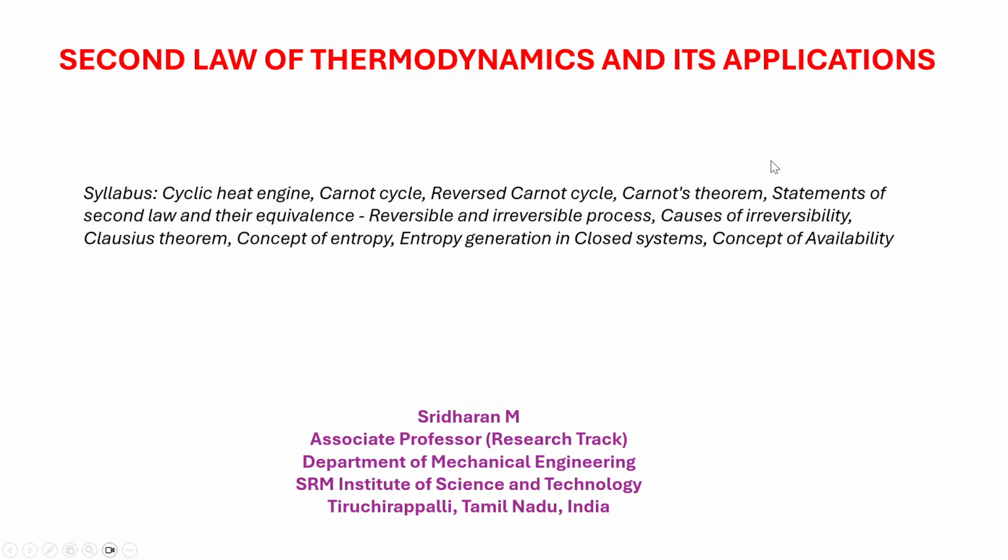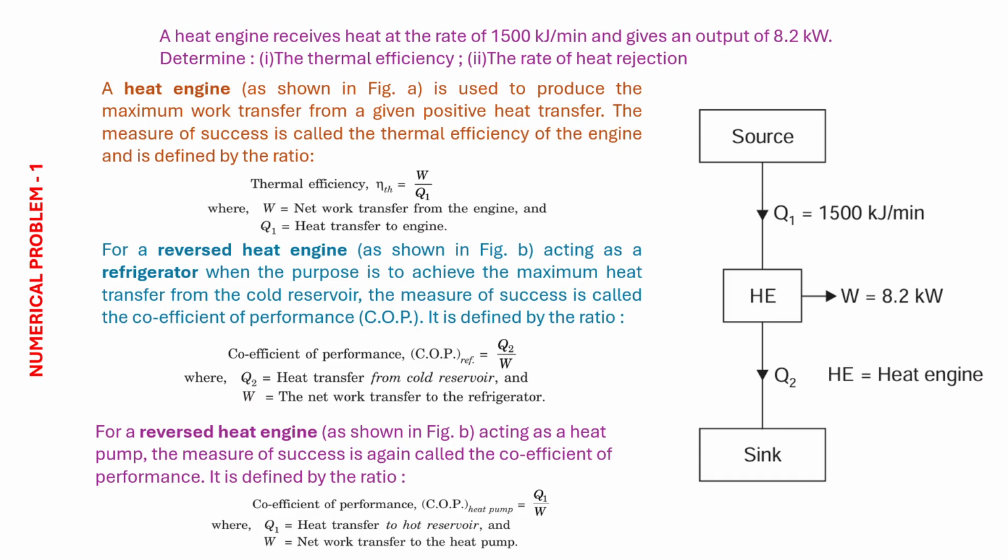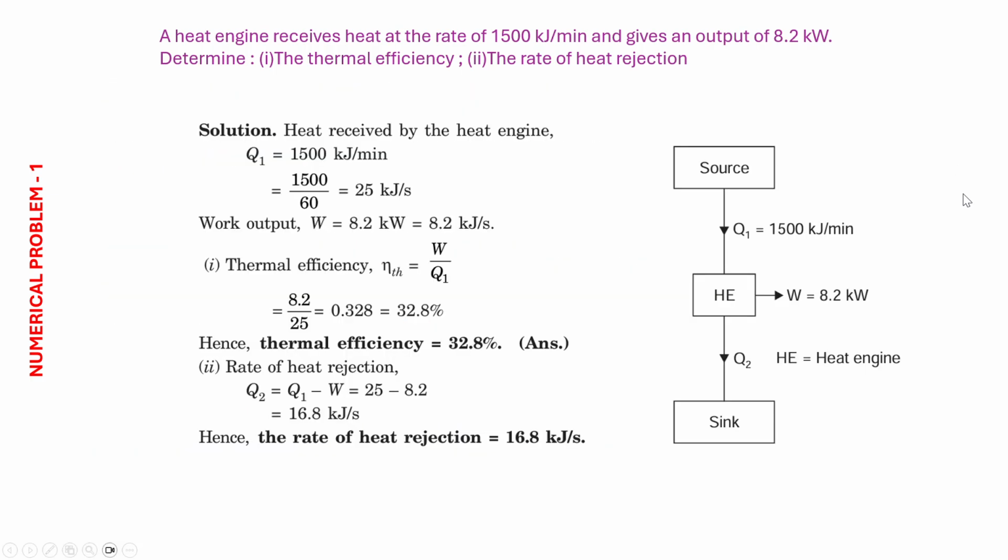In the current problem, we are provided with Q1 as well as the value of W. So by rearranging the formula W equals Q1 minus Q2, having Q2 on the left hand side, we have Q1 minus W on the right hand side. On substituting the provided values, we get 16.8 kilojoule per second as the rate of heat rejection. So this is how numerical problem one has to be answered.